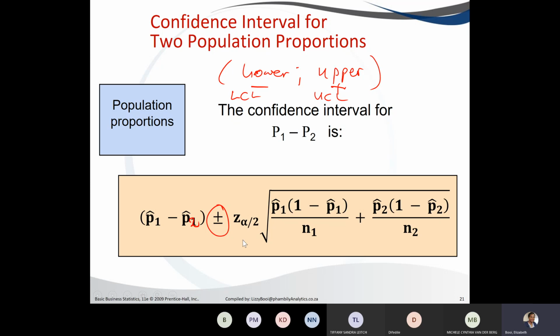Since we're doing a confidence interval, the critical value will be Z alpha divided by 2 times the standard error.